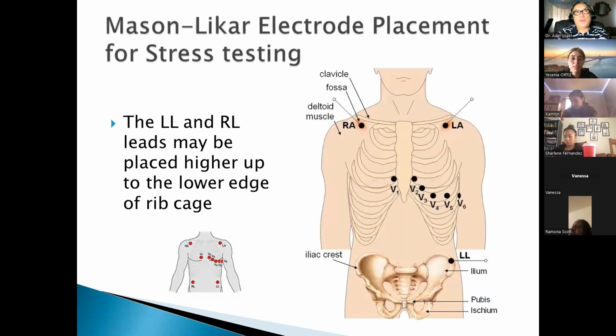Like we mentioned before, we have 10 electrodes, and any part of the limb represents the limb. As you see here, the right arm, left leg and right leg can all be applied at the very beginning of the limb, but V1 to V6 are applied at the normal location.